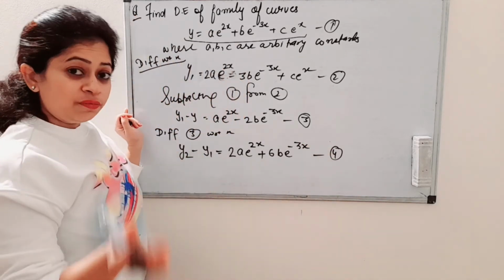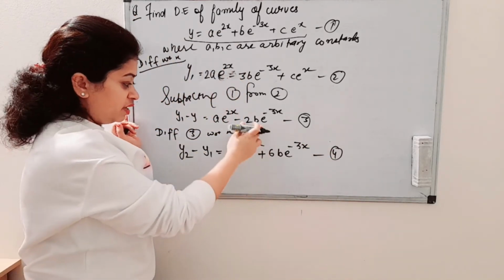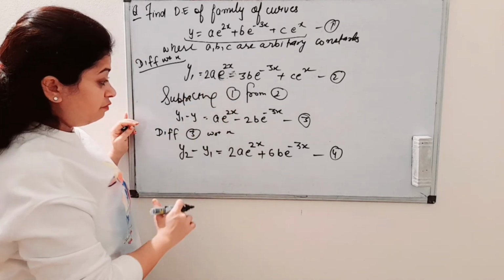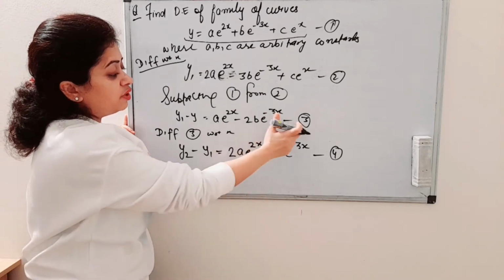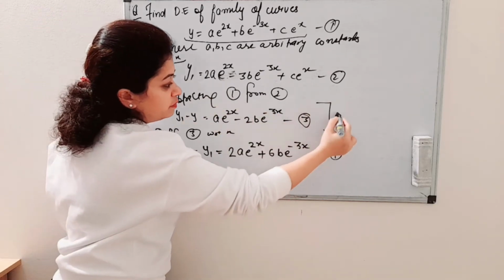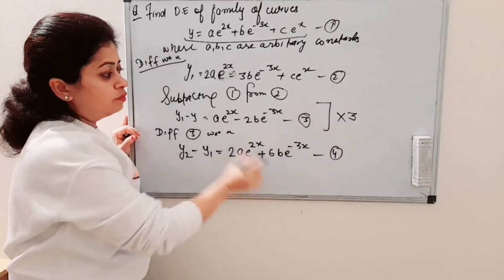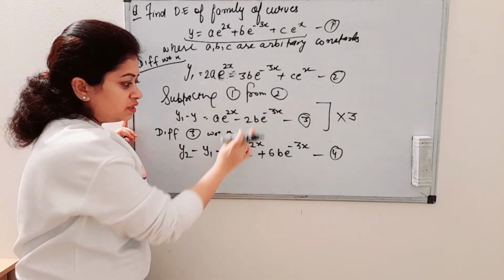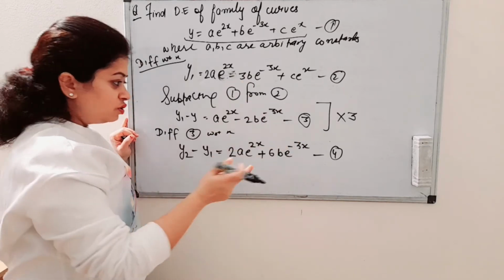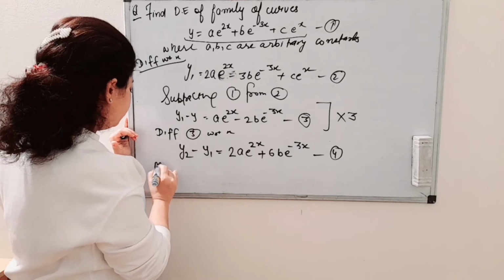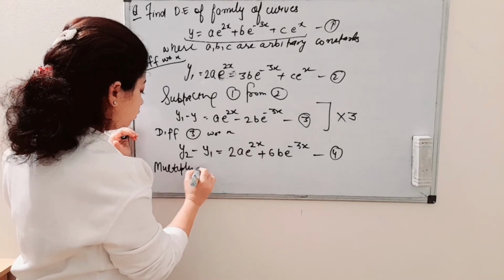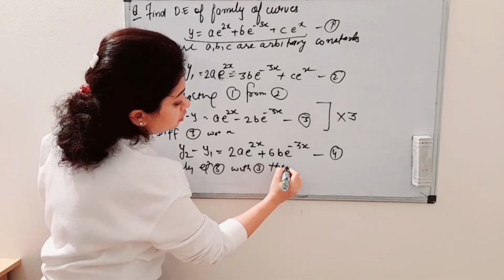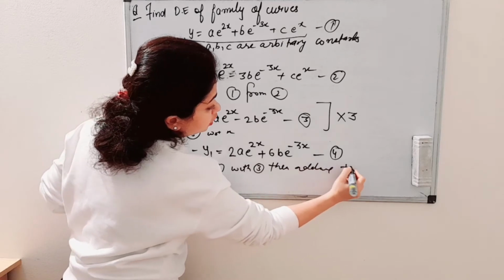Now we need to remove another arbitrary constant, either this or this. Okay, so if we multiply equation number 3 with 3 and then add to 4, then it will become minus 6, and if we add to 4, then this term will be cancelled out. So you can write it, multiply equation 3 with 3 and then adding to 4.